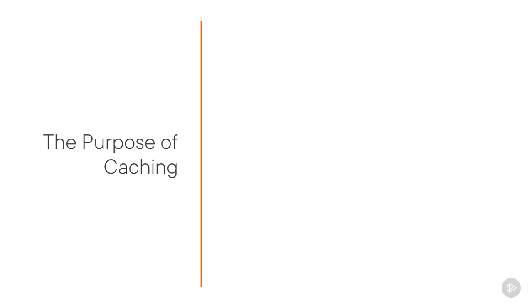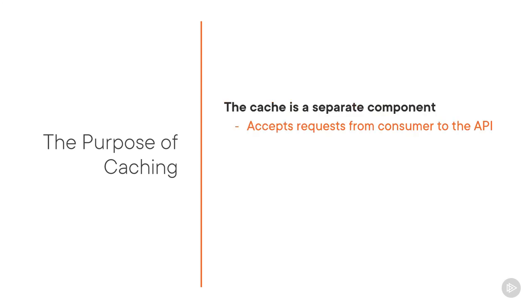But let's talk about that cache first, looking at it from an API point of view. We're working with HTTP, and the cache is a separate component. It sits between the client application, which is the consumer of the API that makes requests, and the API itself. This cache must accept requests from the consumer and pass them on to the API.